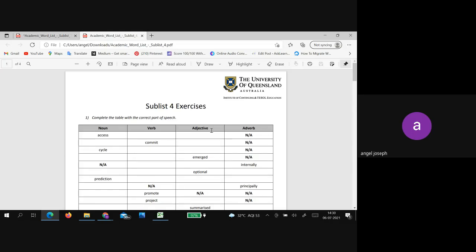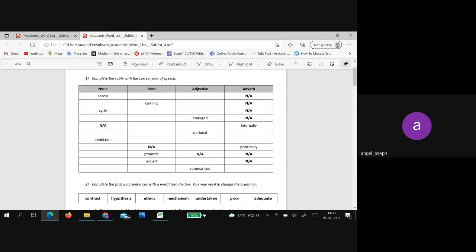Basically, access: the verb form of access is accessed, accessing. All those forms are verb forms. They have given us blank space for that. Accessible would be the adjective form of the word access.